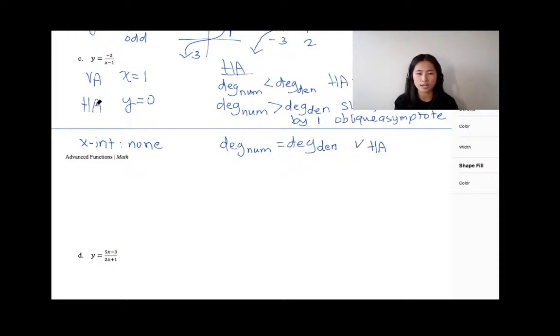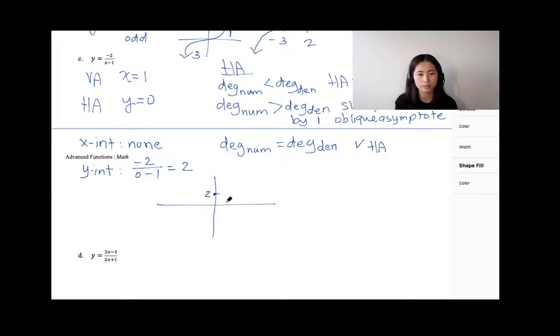However, how do you find the y-intercept? You just plug in x is equal to 0. So the y-intercept is negative 2 over 0 minus 1, which is equal to 2. Does that make sense? So your y-intercept is 2, and you're going to have a y-intercept here.